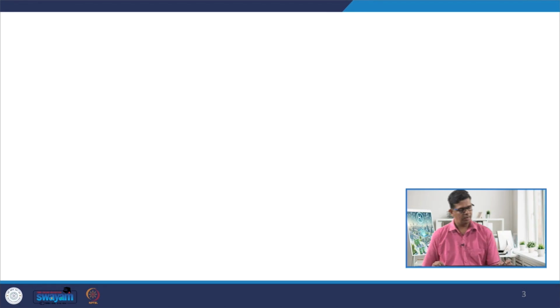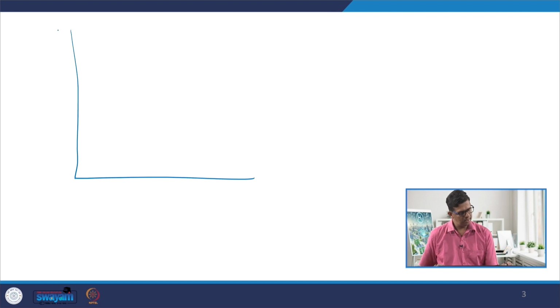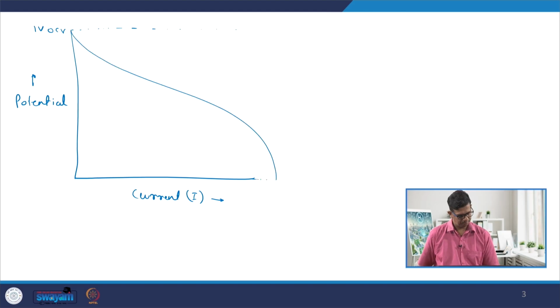Okay. So, if I try to redraw this fuel cell curve, this is, let us say, open circuit voltage, which is around, let us say, 1 volt. This is my potential axis, this is current, so it goes like this, and this is the loss.